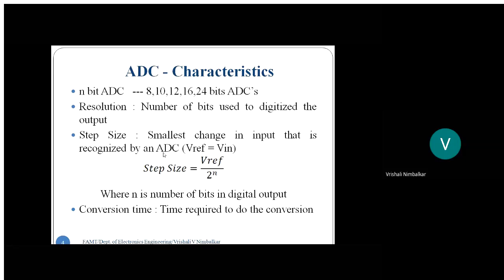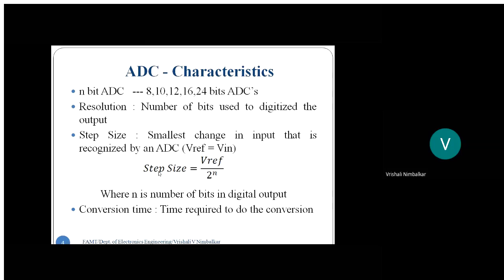So how do we reduce the step size? Look at the denominator. If we increase the denominator 2 raised to n, larger 2 raised to n, smaller the step size. And what is n? The number of bits in either ADC or DAC. The number of digital bits. So the more the number of digital bits, the smaller is the step size, more accurate is the conversion.